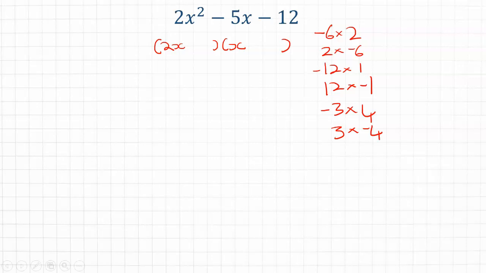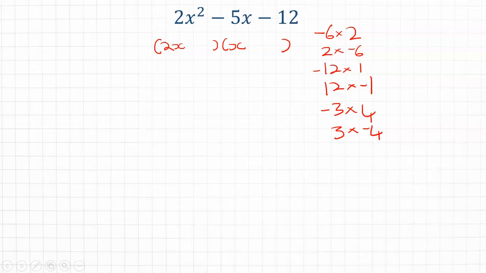The quick way to find which pair of numbers is the correct one is to multiply one of the numbers by 2 and the other number by 1 and then add, looking for the combination that comes to minus 5. The reason we do this is that when we're multiplying out the brackets, we multiply by 2x and x and then add.